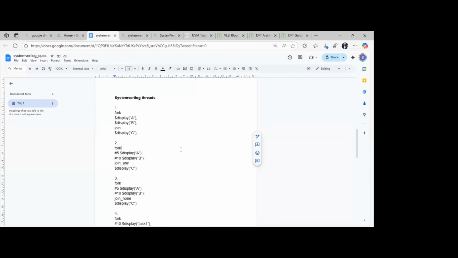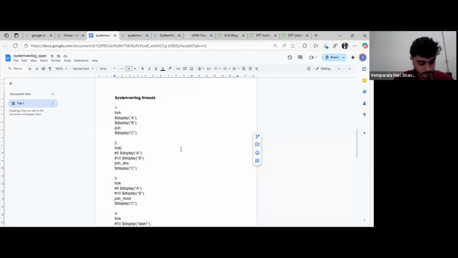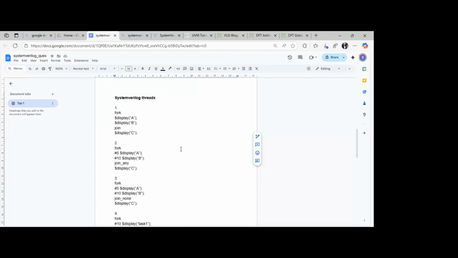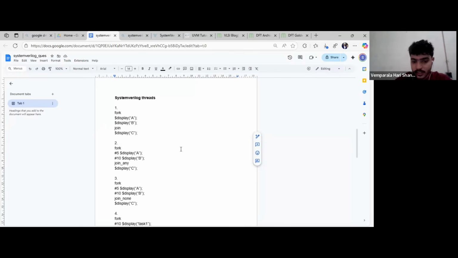What do you understand by the thread? Threads are nothing but what we consider fork and join, ma'am, as per the example you gave.